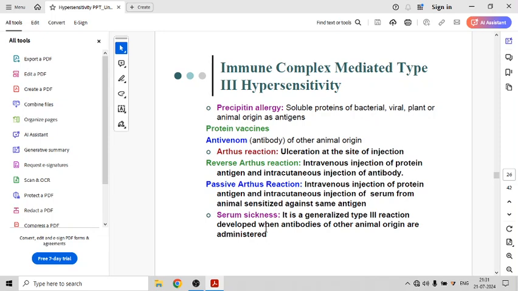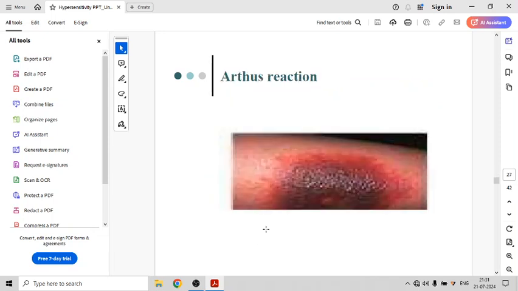This is Arthus reaction. Initially, the Arthus reaction will be seen as a red patch like this on the skin surface, and that red patch is nothing but erythema, where the antigen entry has taken place and immediately the antibody has reacted, and there is a kind of hemorrhage in that area because of complement mediated lysis in the local area, and that finally transforms itself into an ulcer if not taken care of by control measures.